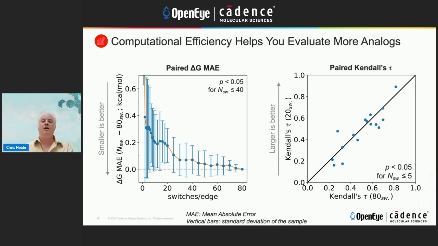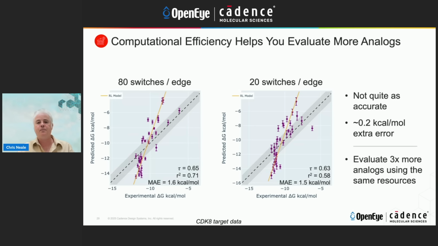These are Kendall's tau FE-NES versus experiment from 80 switches horizontally, or for rapid FE-NES with 20 switches vertically. And you can see that in many cases, they're providing similar levels of prioritization. It's true that more points are towards the lower right of the line. More computation is giving more predictive accuracy, but we can still move forward with useful decisions with rapid FE-NES.